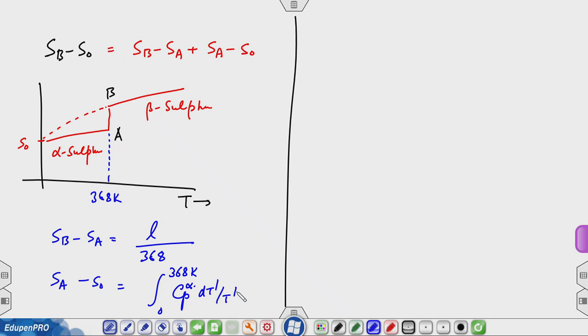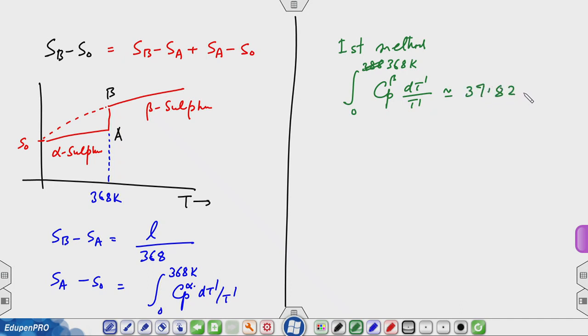Now, again, Cp alpha and Cp beta can be measured. Cp alpha is easier to do because this is already a stable form, and one can calculate these numbers. So, the first method, which is the integral from 0 to 368 K of Cp beta dT prime over T prime, gives 37.82 plus or minus 0.40.